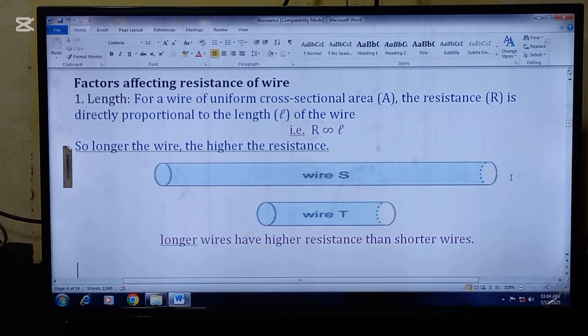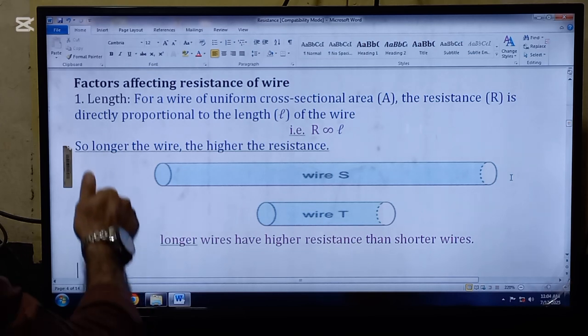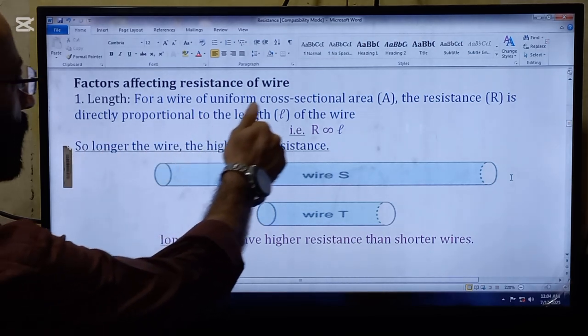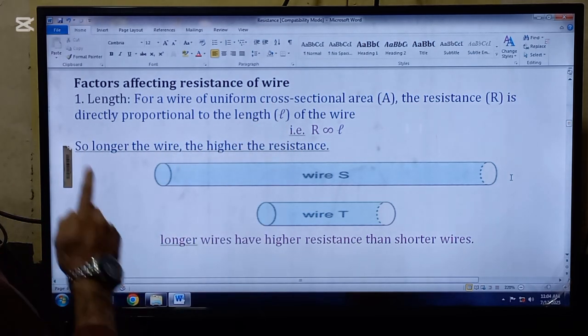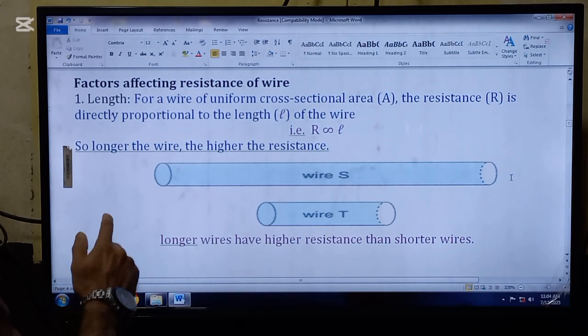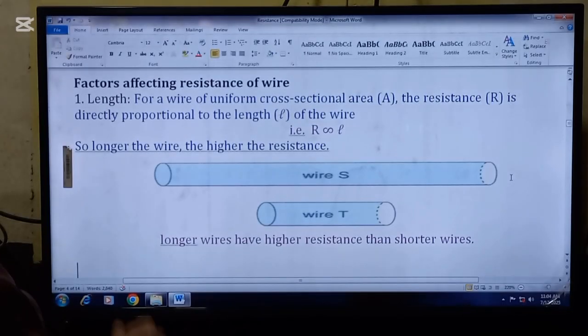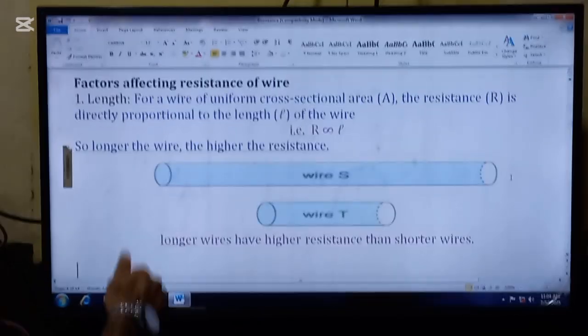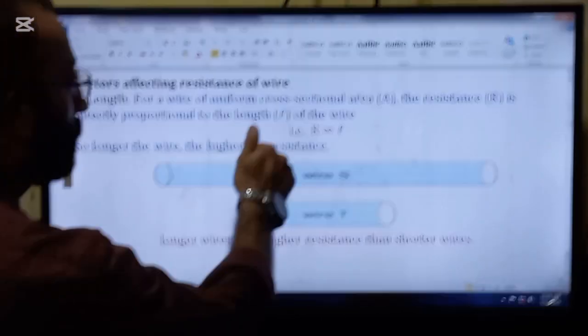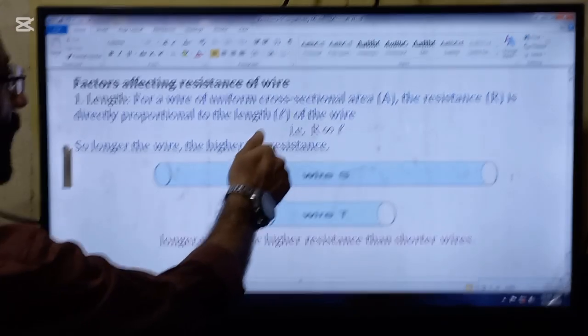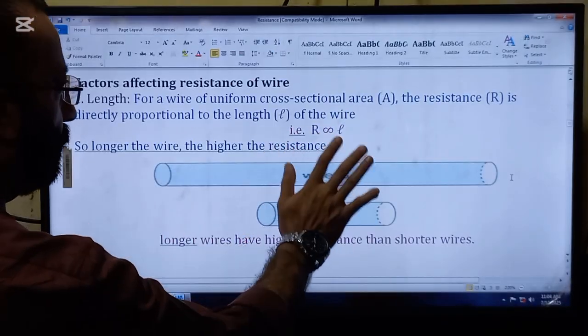The next thing that we are going to read in the lecture is factors affecting resistance of wire. The first factor that affects the resistance of the wire is the length. For a wire of uniform cross-sectional area A, the resistance R is directly proportional to the length L of the wire.